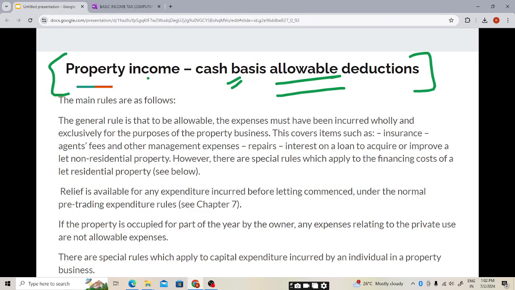So property income. Under the property income, under the cash basis, keep a simple point that we have 2 types of expenditure: capital expenditure and revenue expenditure.